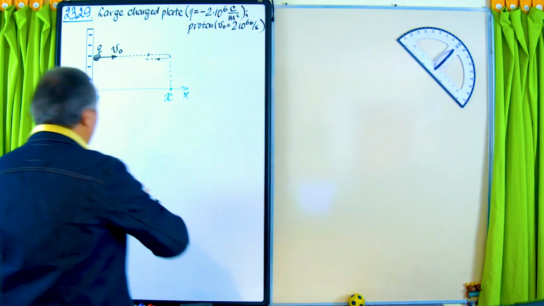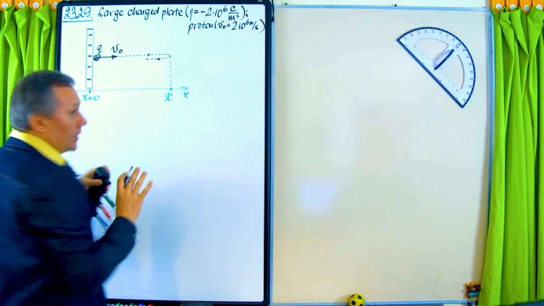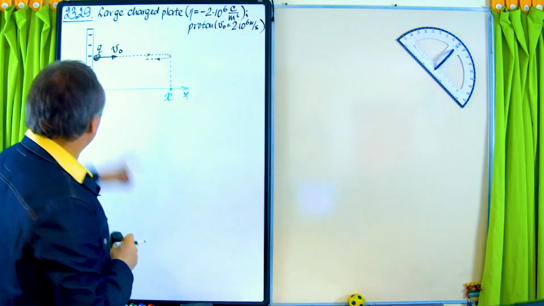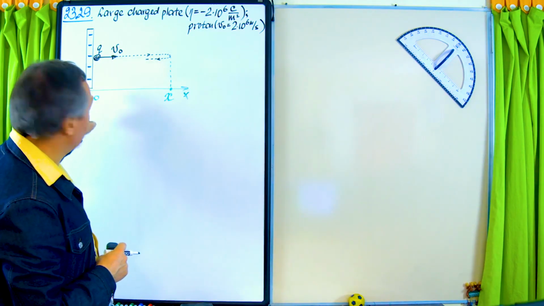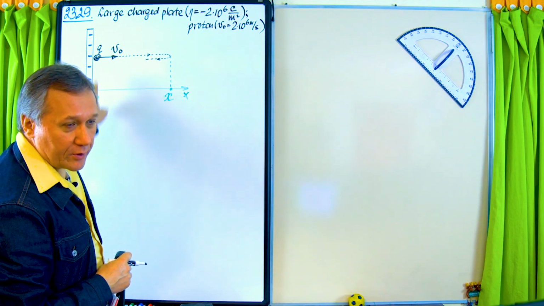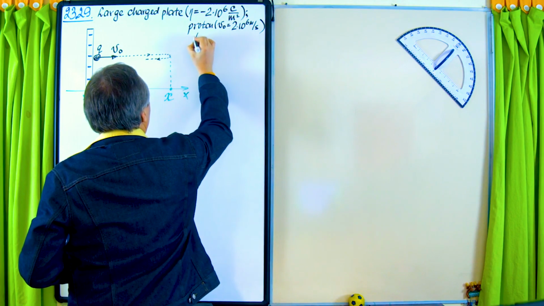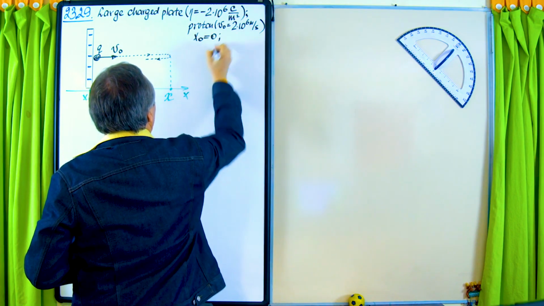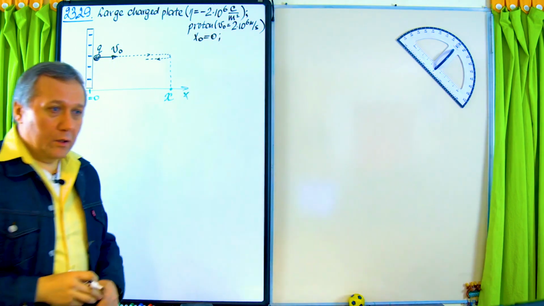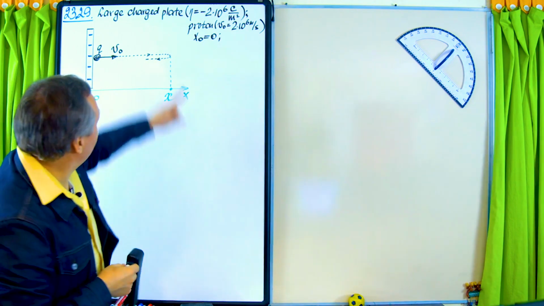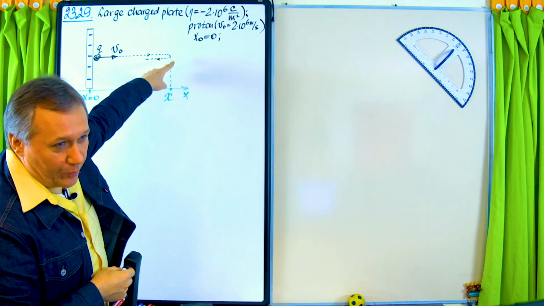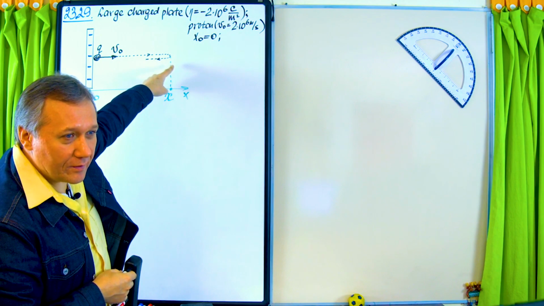All right, and so now I can add additional parameters. So first of all, initial position of the proton, since I position my origin over here, initial position of the proton is 0. Right, so I can write x0 is 0. Then, what can you tell about this point, turning point? Because that's our final point.